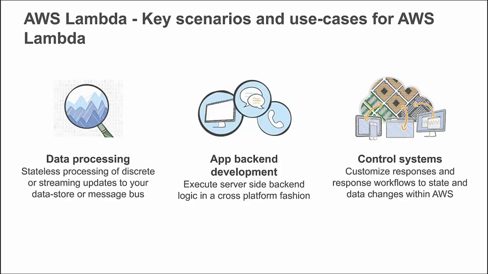All of these can be very quickly built using a few of the AWS services in association with AWS Lambda. For example, in API Gateway, you can form a web or mobile backend. With AWS IoT, you can very quickly build an IoT backend where these services act as the front end and Lambda acts as the actual logic tier. And your persistent data store will act as the data tier. So you can quickly build a three-tier application using AWS Lambda.